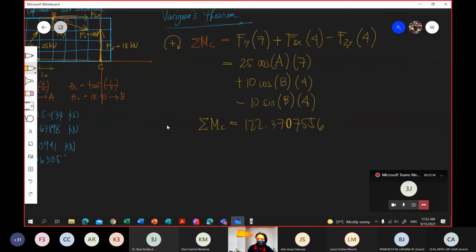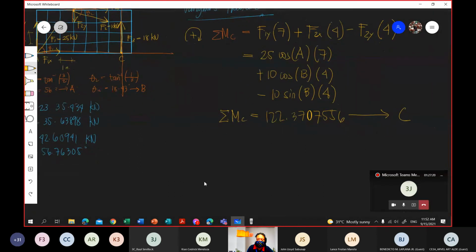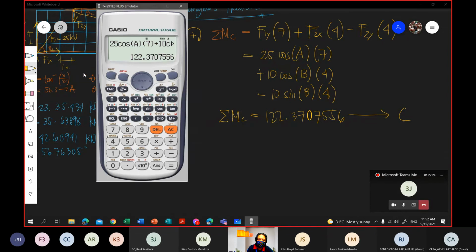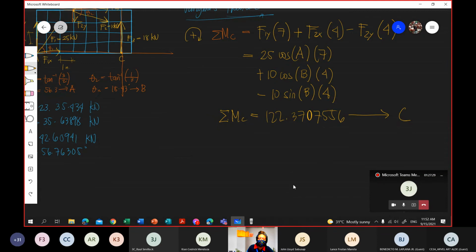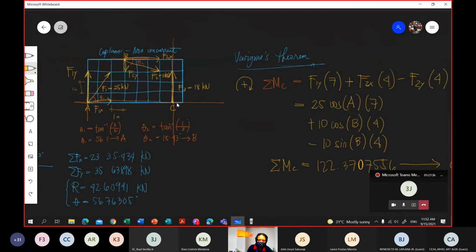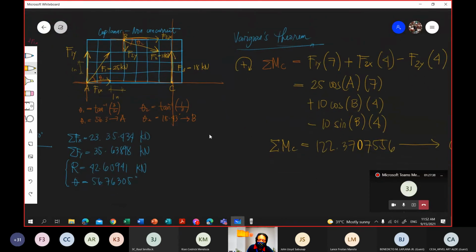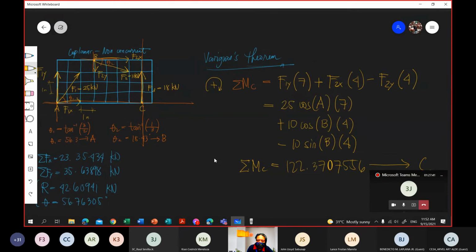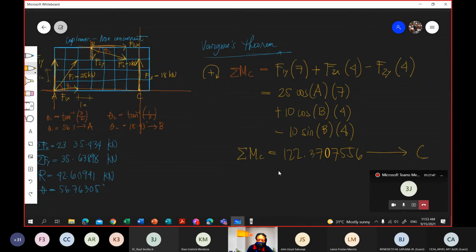So we'll store it at C, because I want to use the unrounded value. We stored A, B, and now this one is C. Shift store at C. Okay, so the summation of moments is stored at C. This is the moment of the force system at point C. Now, there is Varignon's theorem: the effect of a force is equal to the effect of its components. So F1, F2, F3 produce this moment.